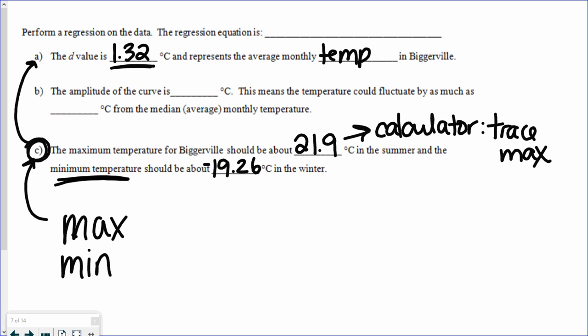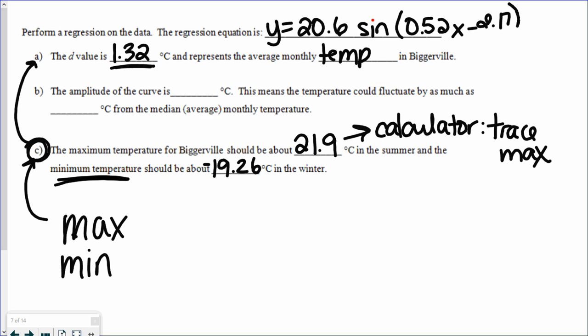So once we figure out our maximum and minimum of our graph, we can figure out our amplitude. Oh, sorry, I'm doing multiple things here. I'm being kind of a goon. You can actually get this from the equation. y equals 20.6 times the sine of 0.52x minus 2.17 plus 1.32.